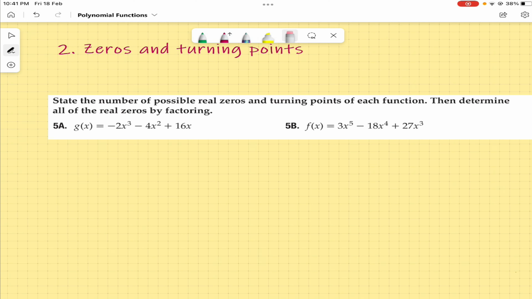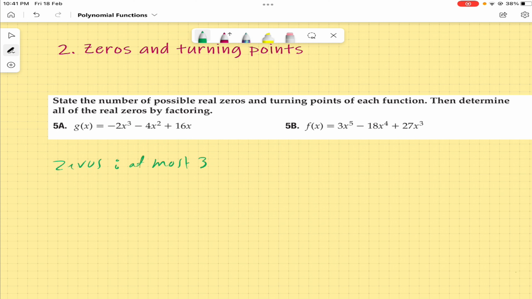The second part is zeros and turning points. Zeros, which is the solution of the function, can be determined from the degree. So if you want to find the zeros, at most it has the same degree.